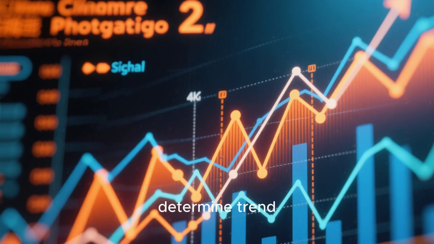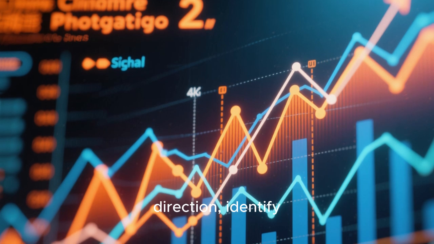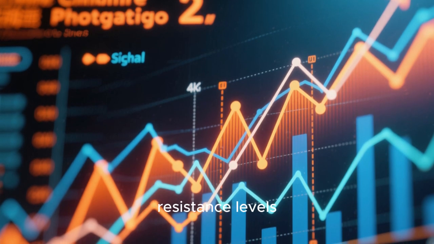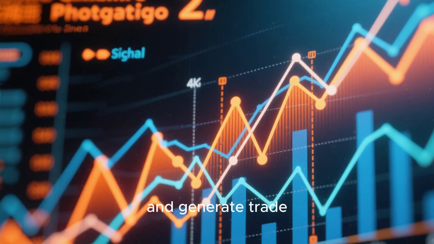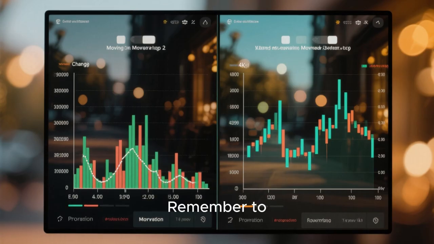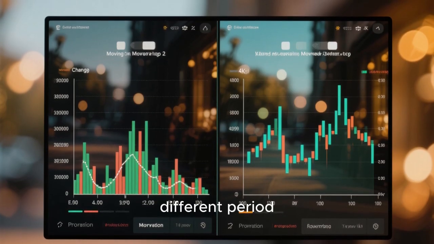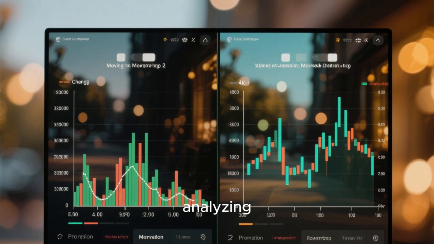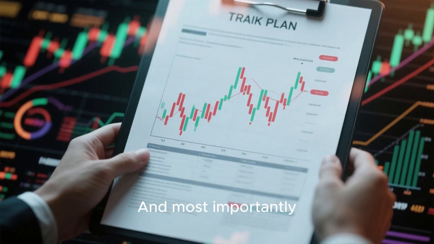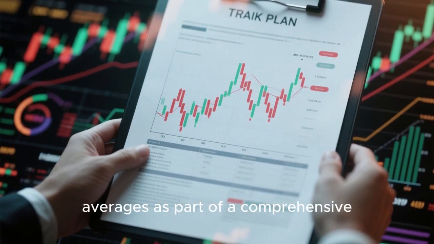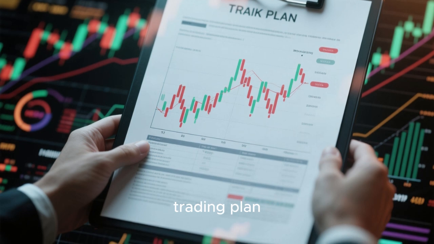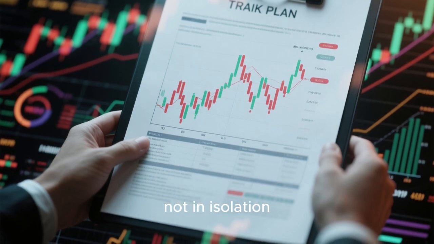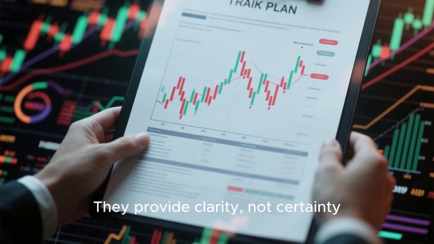You can use them to determine trend direction, identify dynamic support and resistance levels, and generate trade signals through crossovers. Remember to experiment with different period lengths to find what fits your trading style and the asset you're analyzing. And most importantly, always use moving averages as part of a comprehensive trading plan, not in isolation. They provide clarity, not certainty.